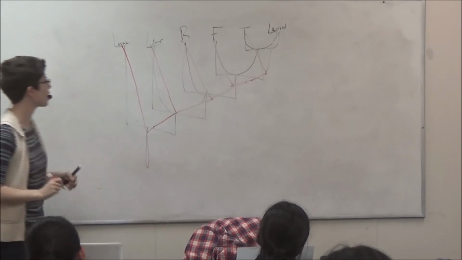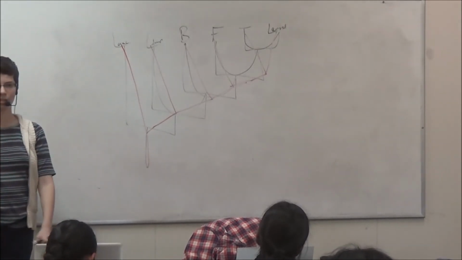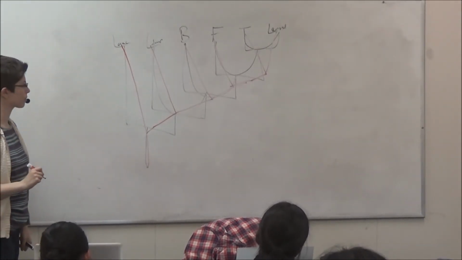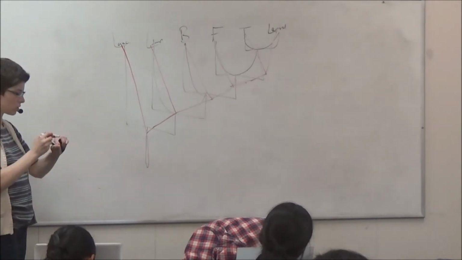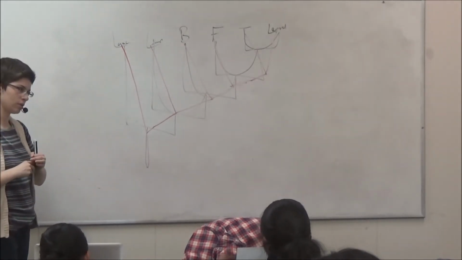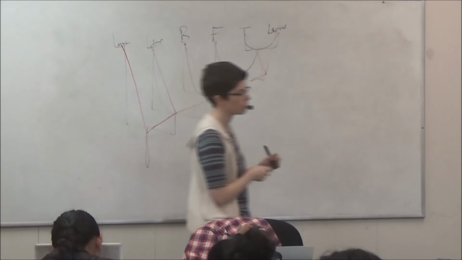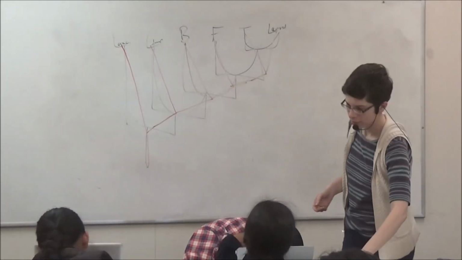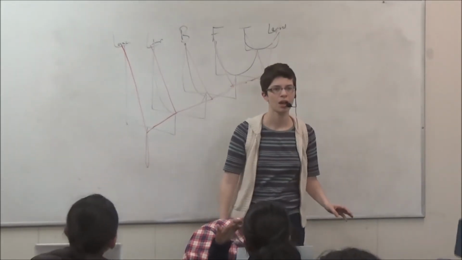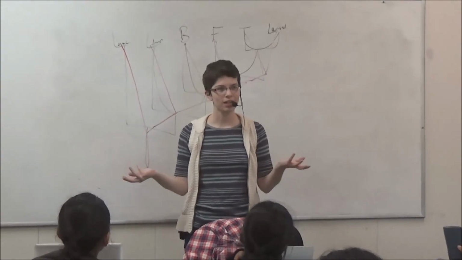I could have drawn it like that if I wanted to. I guess if you really want to draw squigglies, it's up to you. But those are the three most common ways of drawing it. That all makes sense, right?